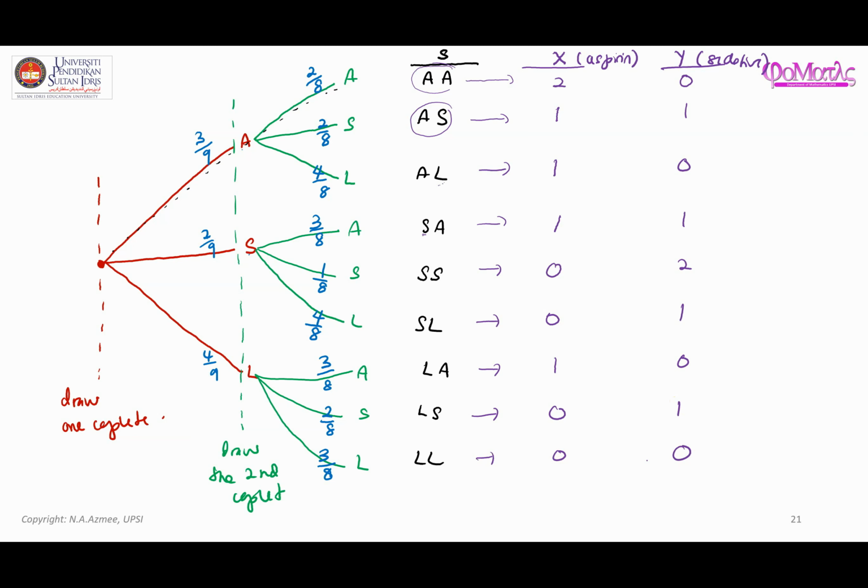All right. Now what we can do next is, so we have got that. I think I'm running out of space. So what we can do is create something based on what we've got here. We can see that x has values ranging from 0, 1, and 2.